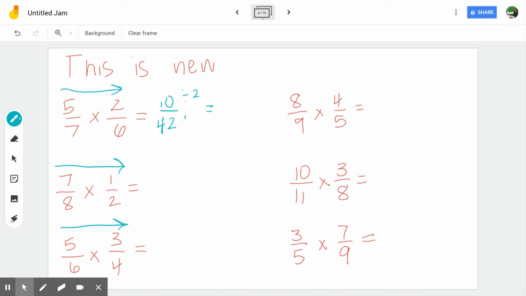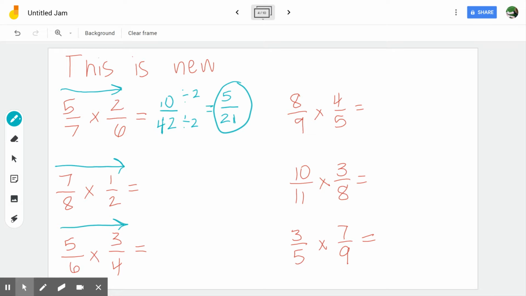So we're going to divide both of these by 2, and we get 10 divided by 2 is 5, and 42 divided by 2 is 21. So our simplest form or reduced fraction is 5/21. For quarantine purposes, if you get 10/42, I'll be super proud of you.